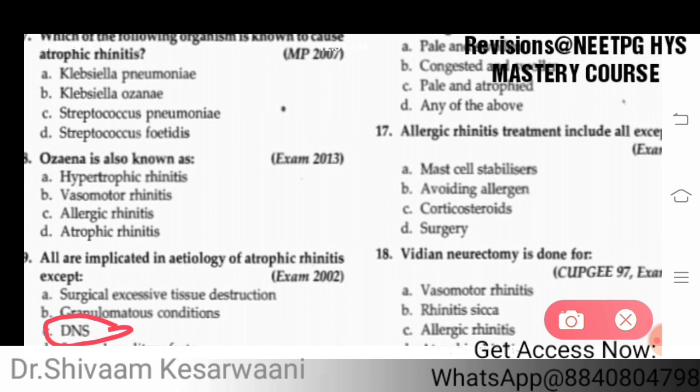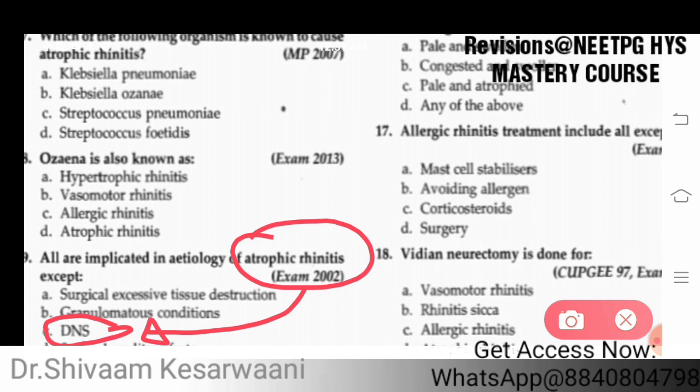the side of the DNS. So we get a contrast: if an atrophic rhinitis patient has a DNS, it is good for them, because there will be a physiological hypertrophy of the turbinates on the opposite side, and it will help prevent the roomy nasal cavity which was causing the problem.